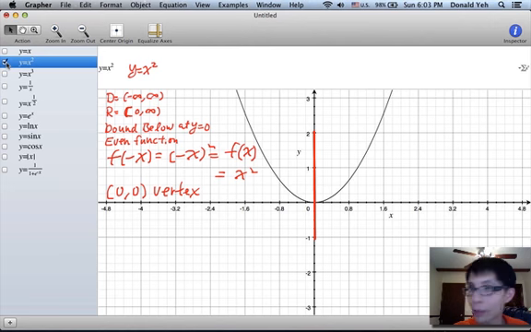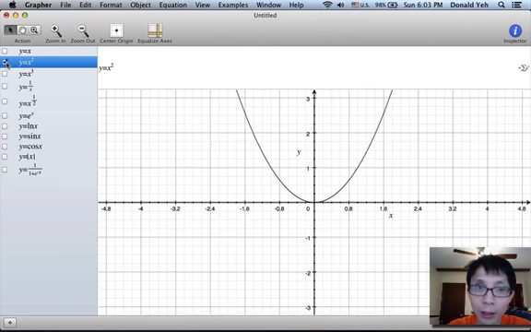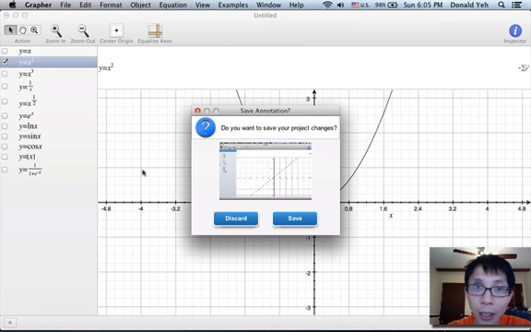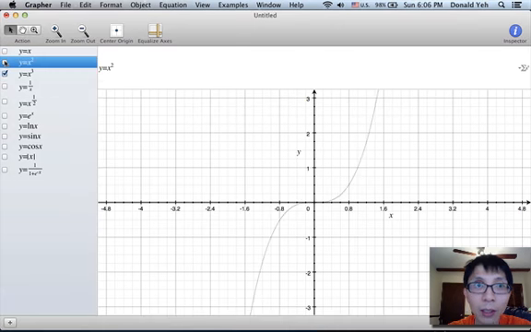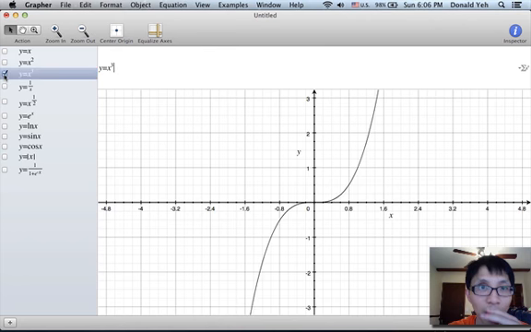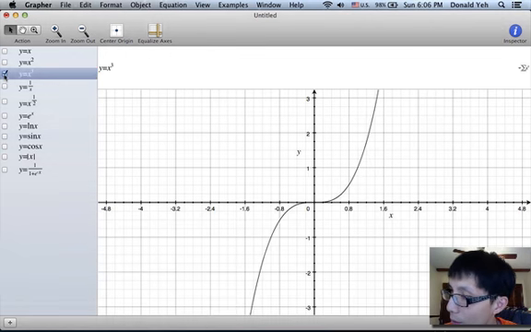Okay, next we're going to clear this. The next function is x cubed, which we know as a cubic function. The cubic function says this: x to the third is a cubic.